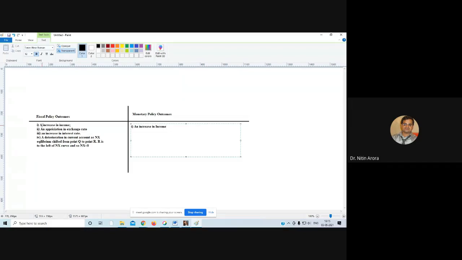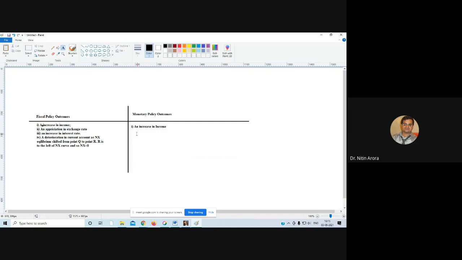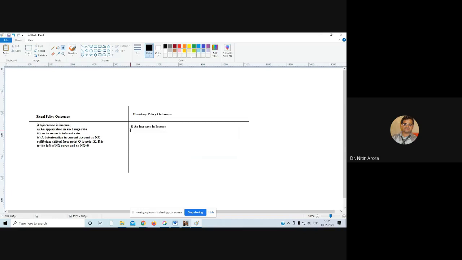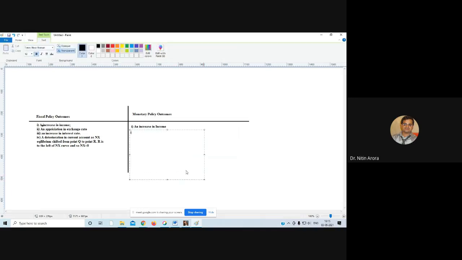Here also I should write an increase in income. Number two, an appreciation in exchange rate under fiscal policy. When we had exercised monetary policy, there was a depreciation in exchange rates.